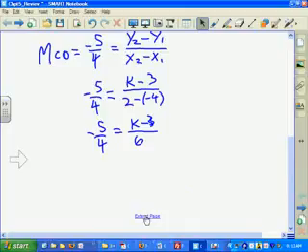You're almost there. What can I do now? Does everyone see where we need to go with this? If we're at this point here, can we now start to solve for K?